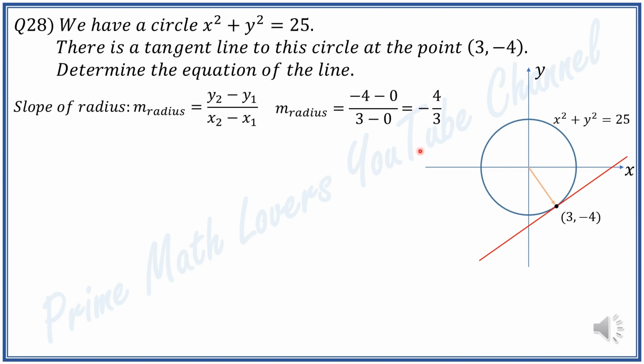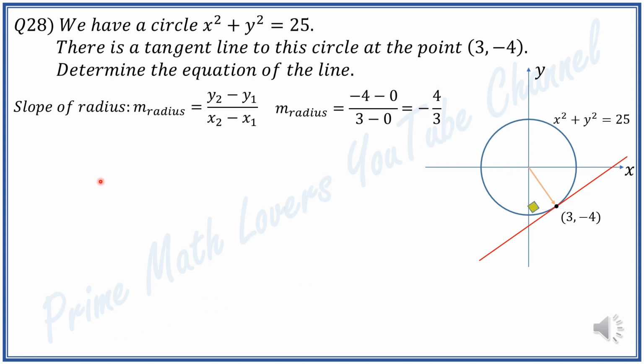The radius from the center of the circle to the point of tangency is at a right angle to the tangent line. Therefore, the slope of the tangent line is the negative inverse of the slope of this radius. The slope of the radius is negative 4 over 3.